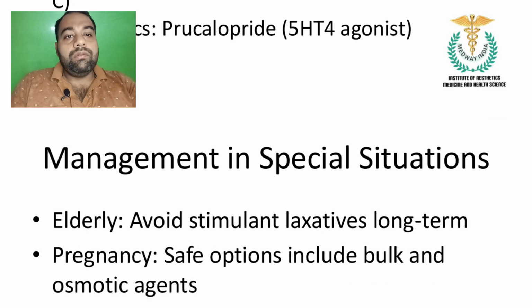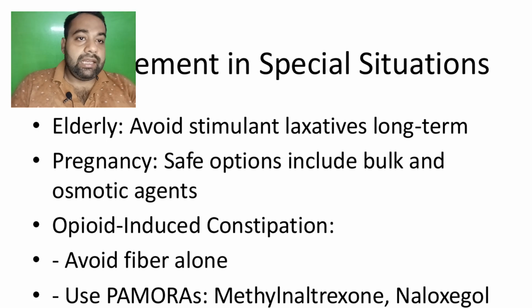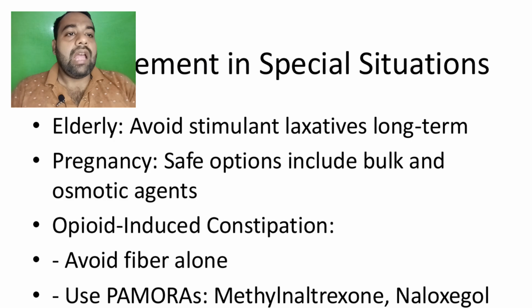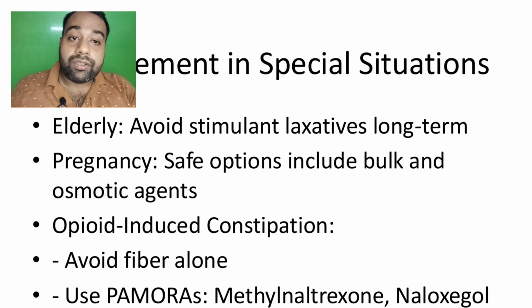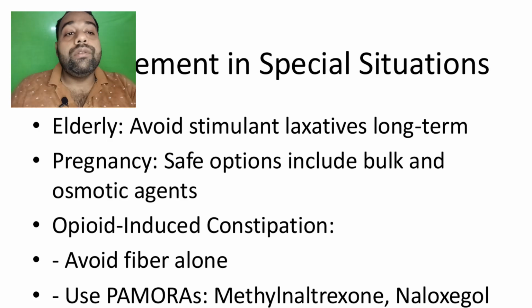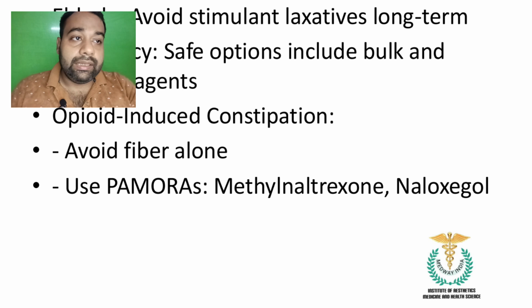Okay. Now there are special circumstances, like management in special situations. In elderly patients, as I have already mentioned, avoid the stimulant ones. In pregnancy, it is always safe to go for osmotic agents or bulk forming agents. Opioid induced constipation is also there. Avoid fiber alone in that case.